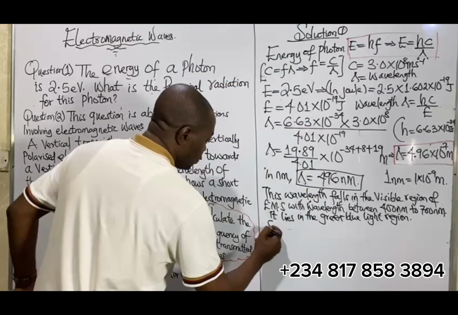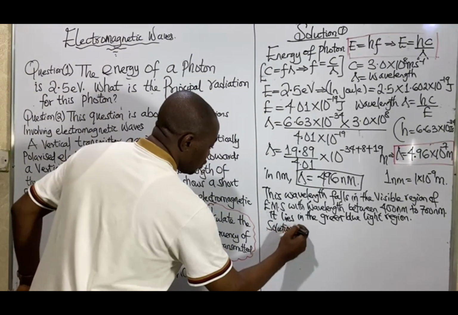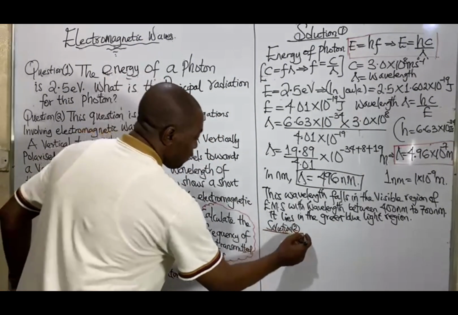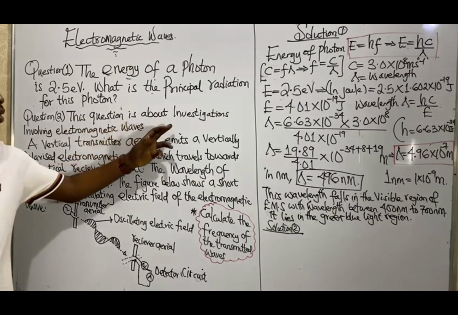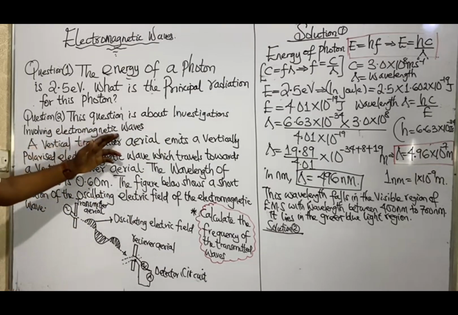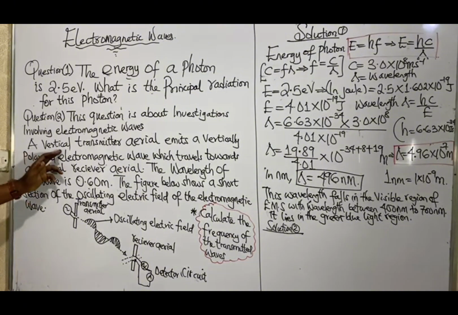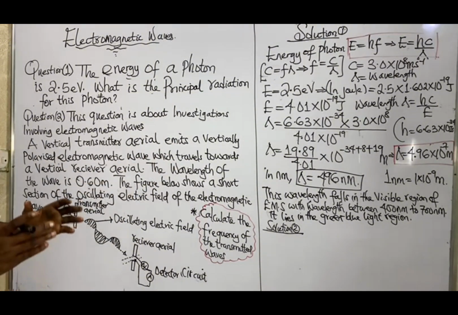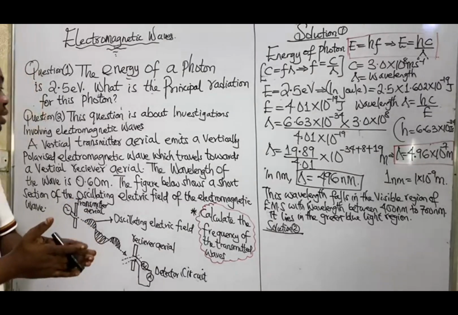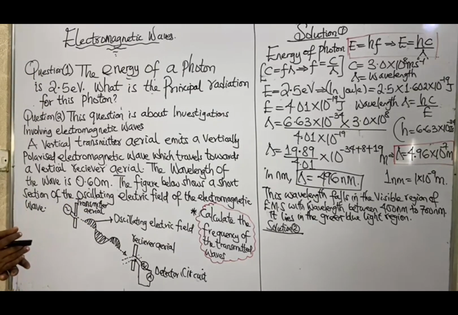Now for number 2, let's have our solution for number 2. We have here that this question is about investigations involving electromagnetic waves. A vertical transmitter aerial emits a vertically polarized electromagnetic wave which travels towards a vertical receiver aerial.